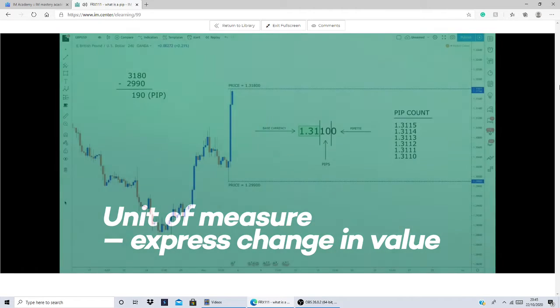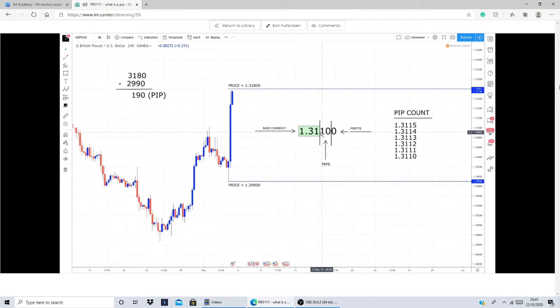What that actually means is that when the currency exchange rate is going up or coming down, there has to be a unit of measure to measure it going up and going down. Every single time the market moves 1 pip or 1 point, this is how traders are able to make or lose money buying and selling inside of the foreign exchange market.